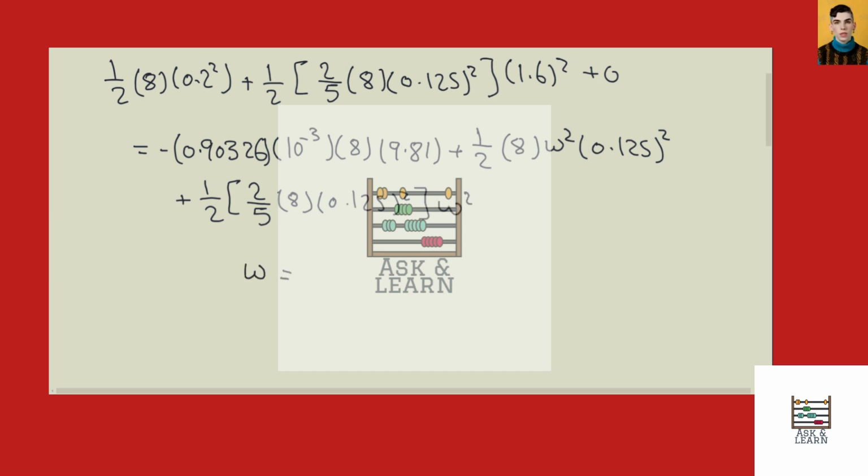From this equation we get omega equals 1.836 radian per second, and HP2 equals HP3.